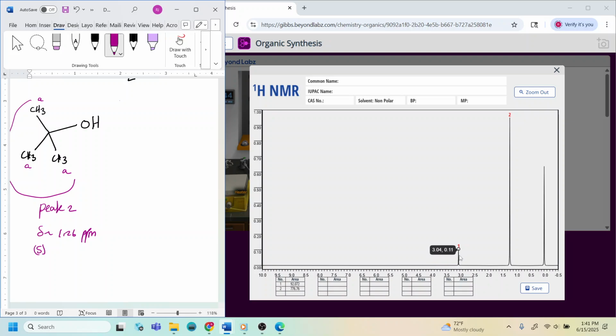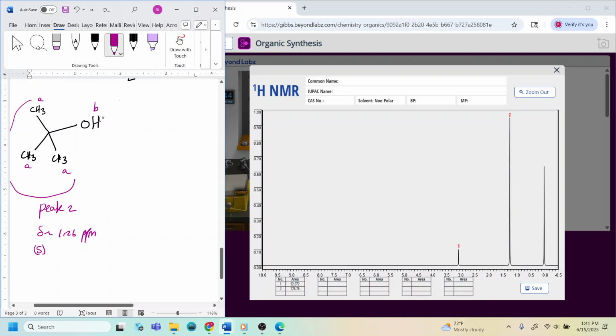Peak number 1 is going to be our OH, which is the second signal in this structure. This hydrogen is going to spin, and we said that OHs and NHs do not split. They always appear as a singlet, even if there are hydrogens next to them. This one doesn't have any hydrogens next to it, but it doesn't matter.